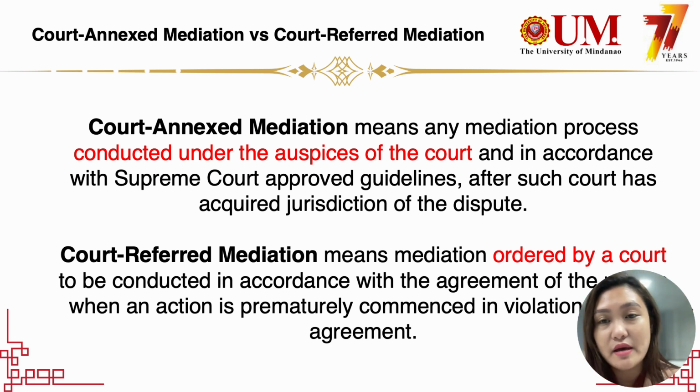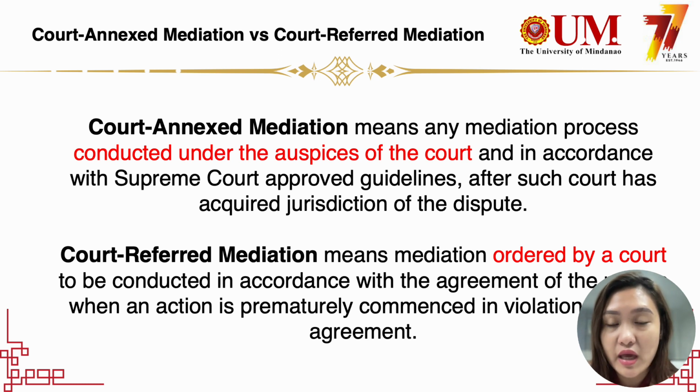So court-annexed mediation, if we try to compare it with court-referred: in court-annexed, there is no agreement that's happening first between the two parties. So basically, there is no arbitration clause in court-annexed. So if ever they would file the case, the court has the authority to order both parties to undergo mediation first before they would file the case to the court.